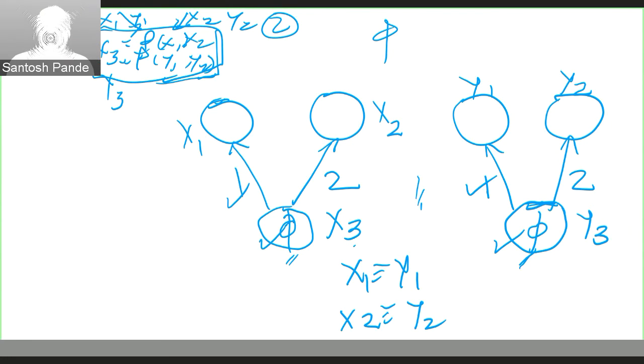That basically will invalidate x3 and y3 being identical, because whenever the control comes through edge 2, we'll have x2 and y2 which are not identical, which leads to x3 and y3 not being identical. So the sufficient condition for x3 and y3 to be identical is that x1 must be identical to y1 and x2 must be identical to y2 on the respective edges.